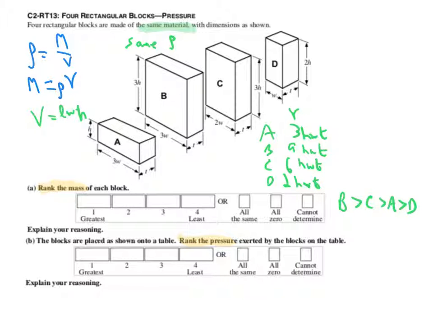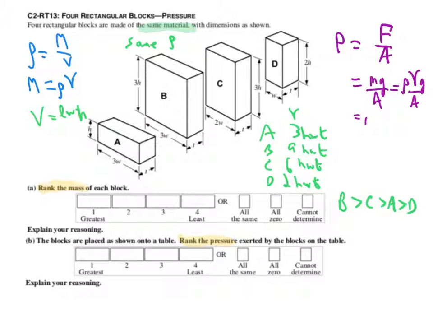All right, for part B, we're going to use that the pressure is the force over the area. And remember, the force was the weight, so it's going to be the mg over the area, but that m is rho V g over the area.